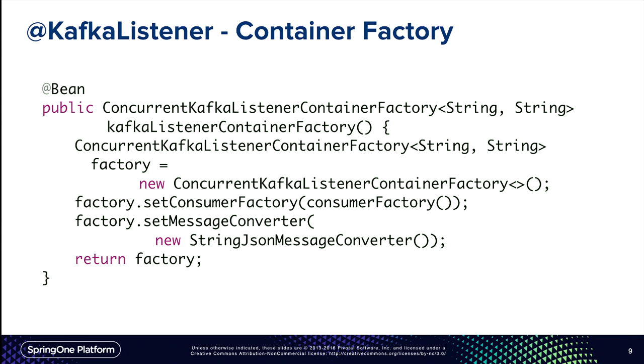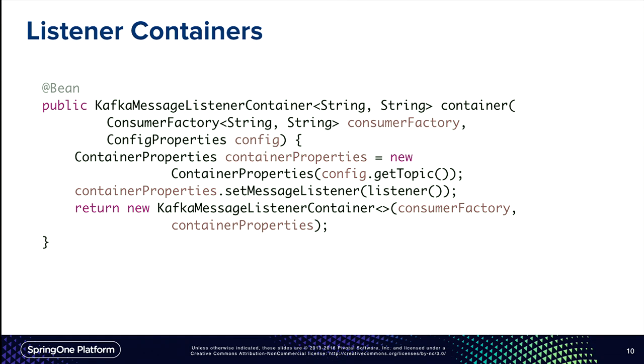So that's the POJO message listener. If you want to take it down a level and just want to use listener containers directly, then you can define a message listener container. We actually have two. This one is the KafkaMessageListenerContainer, which only has a single thread, so all the partitions will be assigned to it, and everything will happen on a single thread.